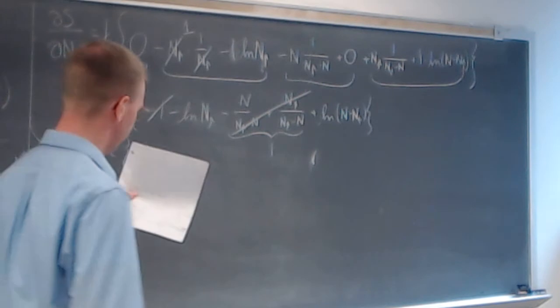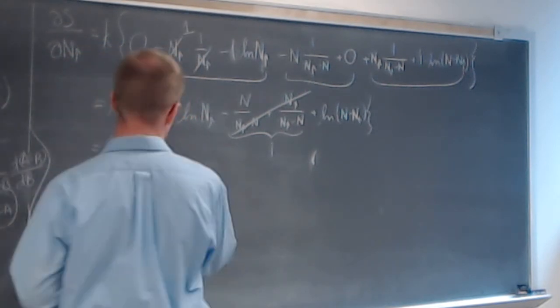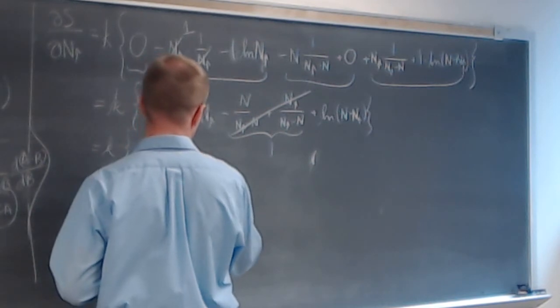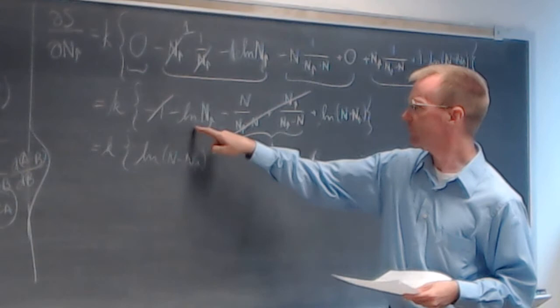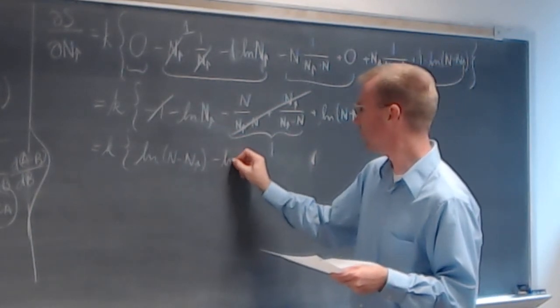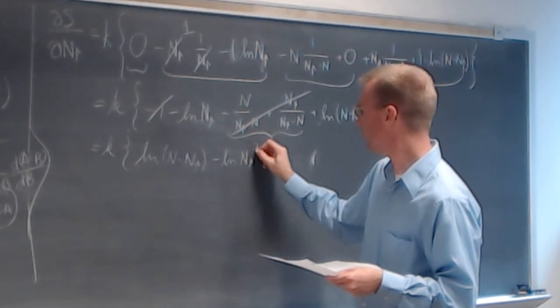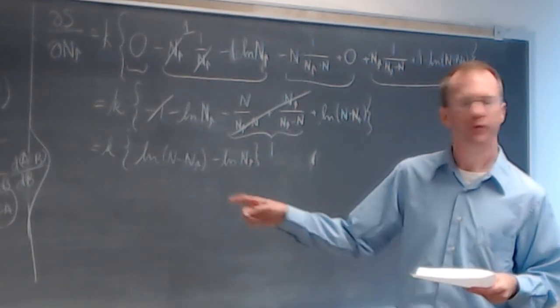Okay, k times, braces, natural log of n minus n up. And what's left over? Minus log of n up. Let's combine these.